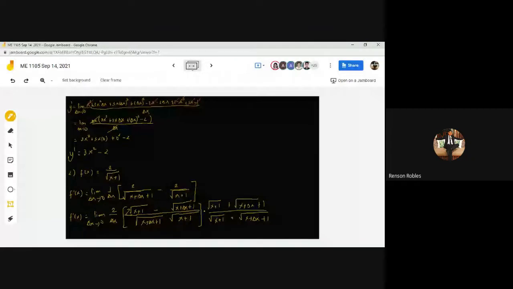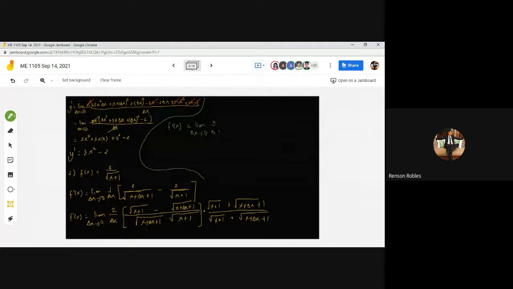And then you just multiply this, and what happened? Where will I write it? I'll try to write it here. F prime of x. I-green ko na lang ha. F prime of x equals, and then limit as delta x approaches 0. Okay. Then 2 over delta x.